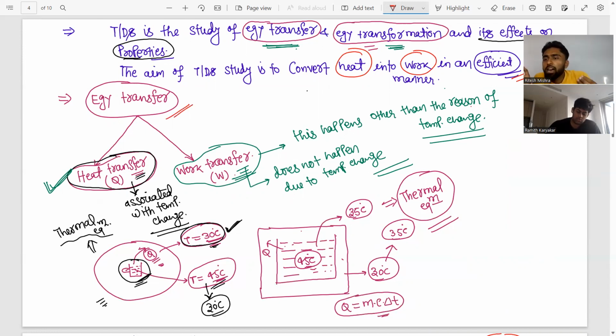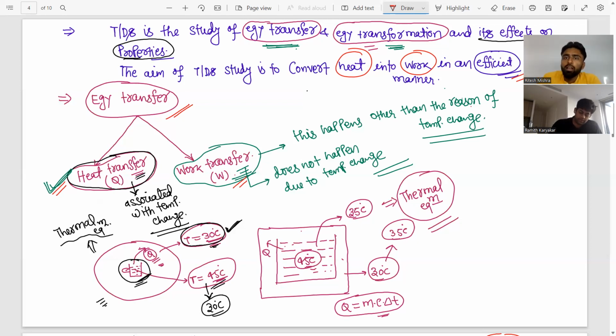Now after that, I have told you about energy transfer. Energy transfer is of two types: one is heat transfer, the other is work transfer. Heat transfer is associated with temperature change, but work transfer is not associated with temperature change. If you see anywhere there is an energy transfer, but it is not due to temperature change, then that energy transfer is called work transfer.